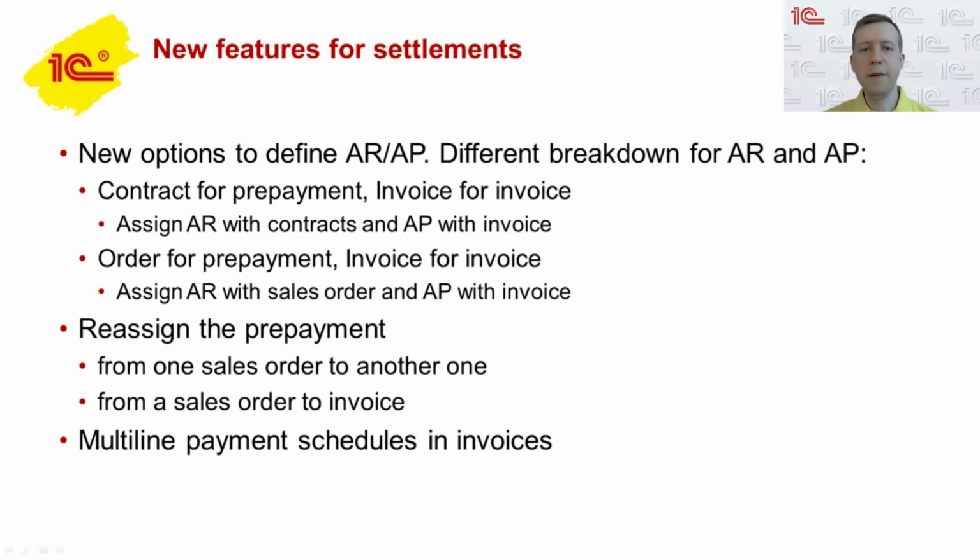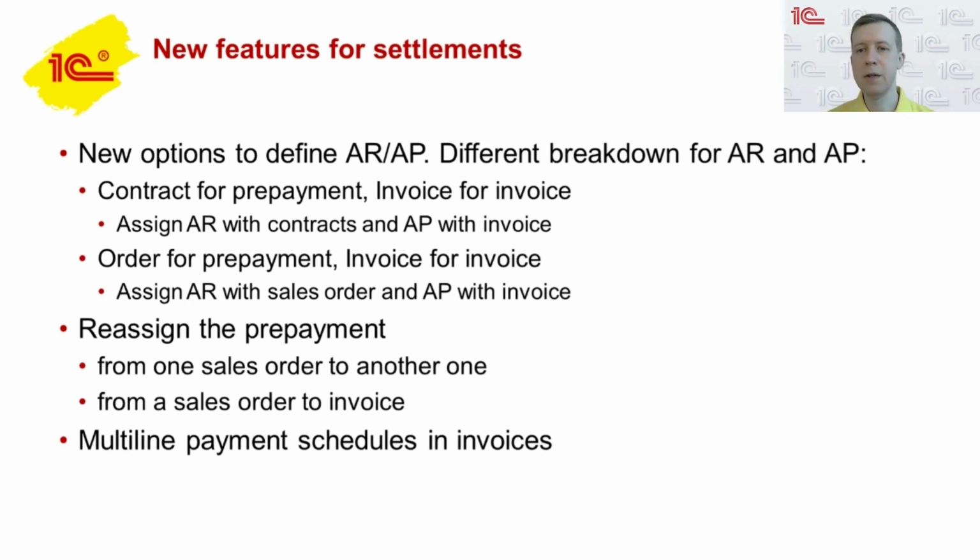Now I can use different breakdown for accounts receivable and accounts payable analytics. In particular, to assign accounts payable with a contract or sales order, but accounts receivable with an uncertain invoice, for example. You can reassign prepayment from one order to another one.